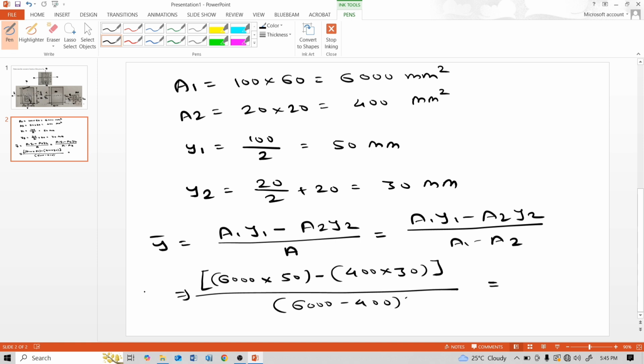So the neutral axis for this original section is 6000 into 50 minus 400 into 30 upon 6000 minus 400, which is 51.43 mm.